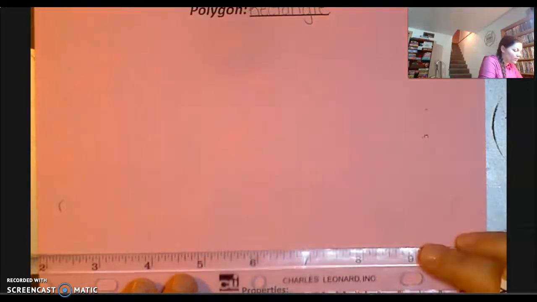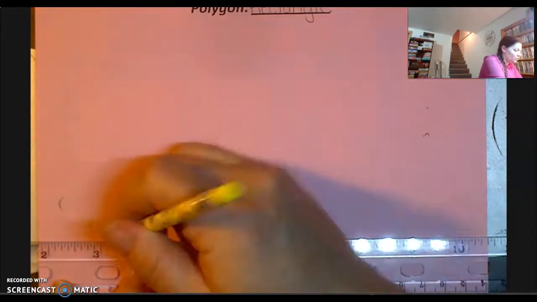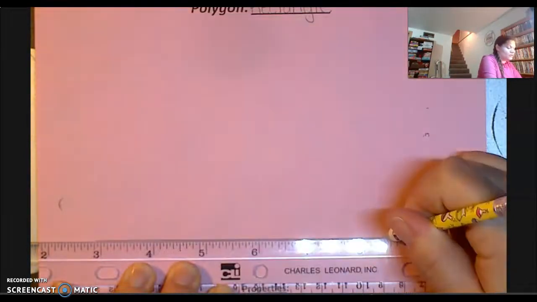So the first thing we're going to do is get out our straight edge. I'm going to zoom back out so you can see my workspace here. I am going to be working right between where it says properties and polygon. And with my straight edge, I am going to start by just drawing a straight line.